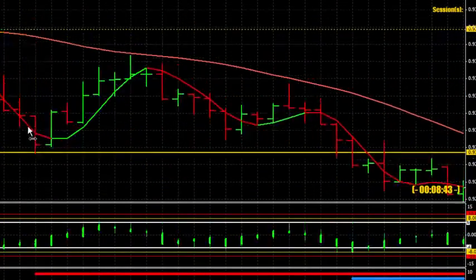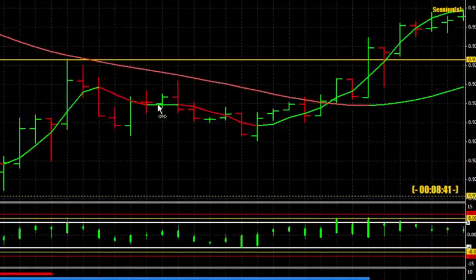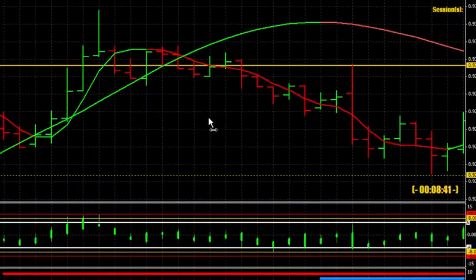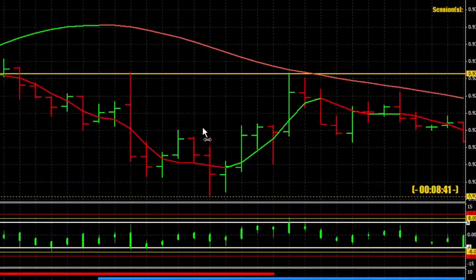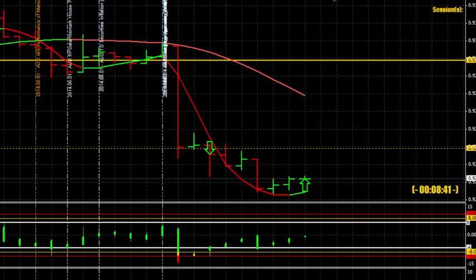I want to give a shout out to binaryoptionsdaily.com for that forum post there. It is a very effective, very powerful strategy, very simple. And I'm just testing this on a 15-minute chart, and I definitely think this could work on a 15-minute chart or higher time frames, because you want to be able to catch that momentum.